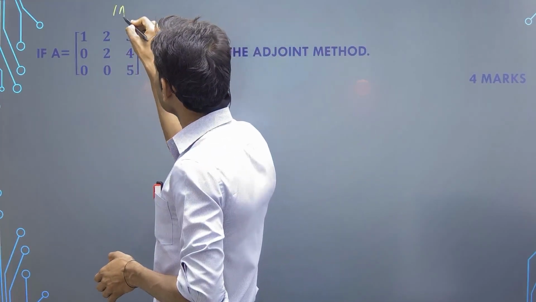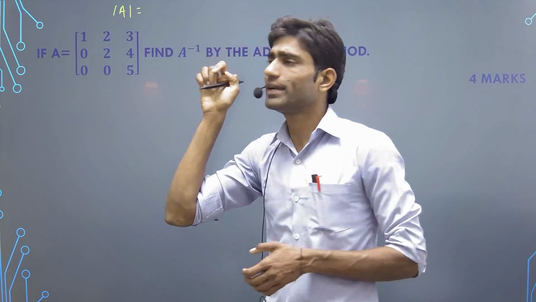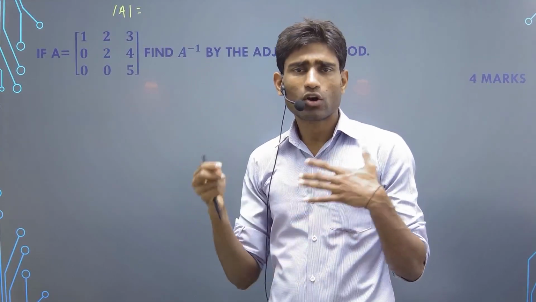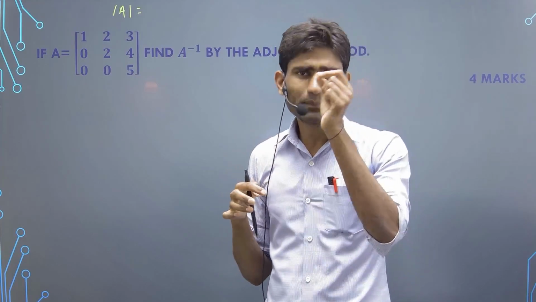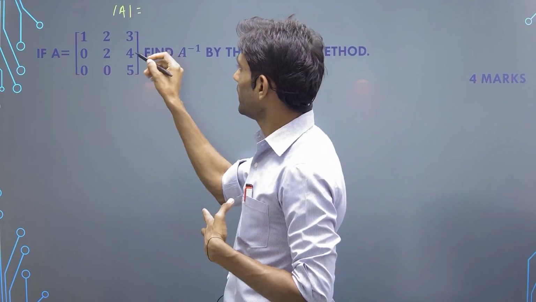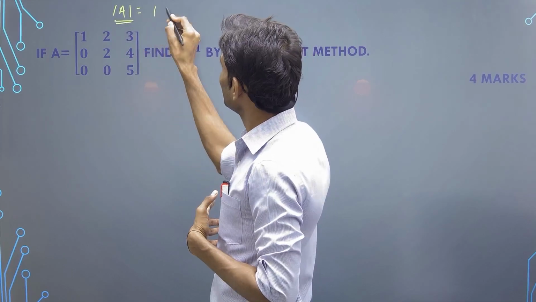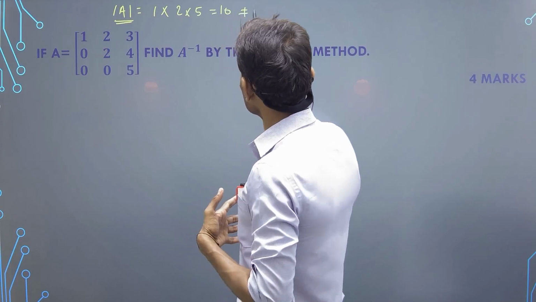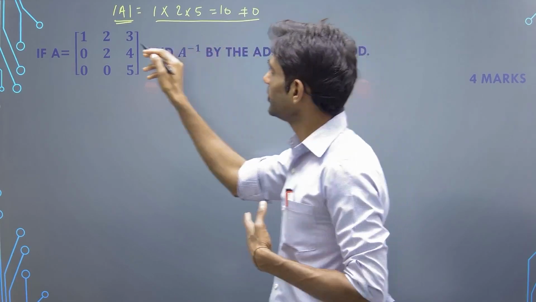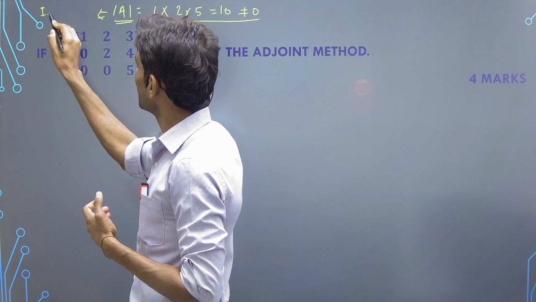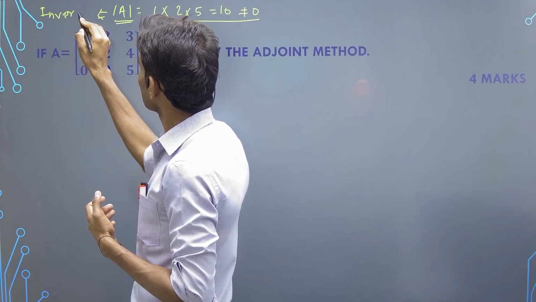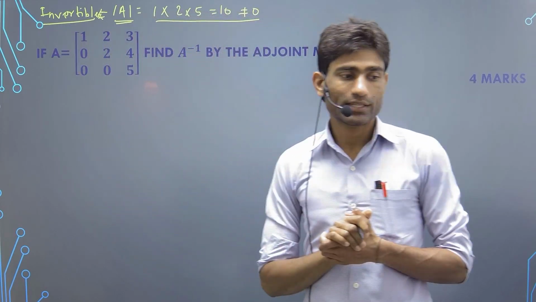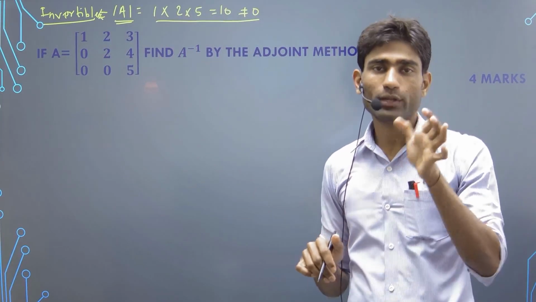So determinant of A is 1 multiplied by 2 multiplied by 5, which gives 10, and that is non-zero. So our matrix is invertible, which means it is non-singular.